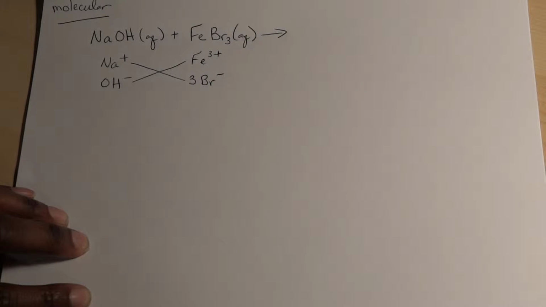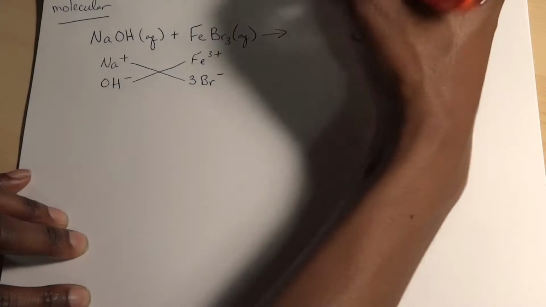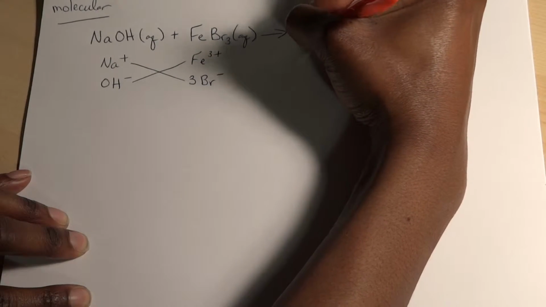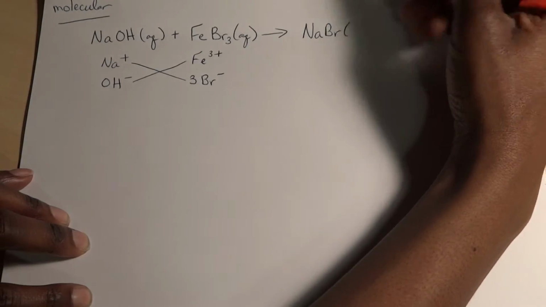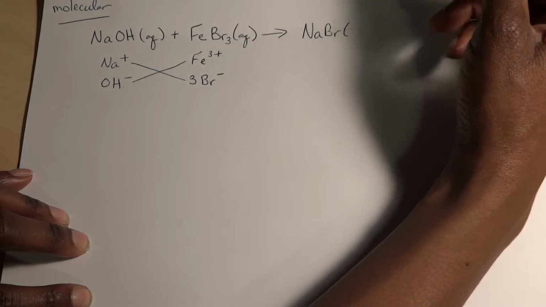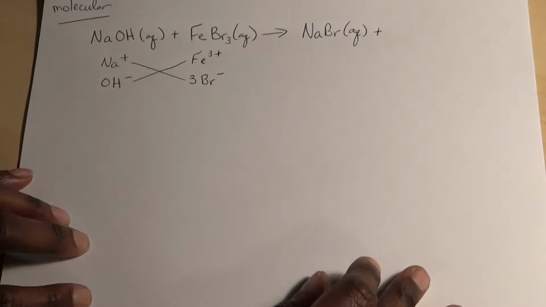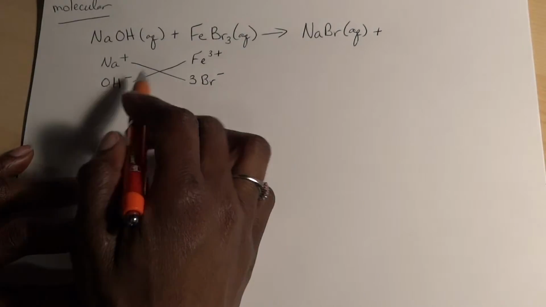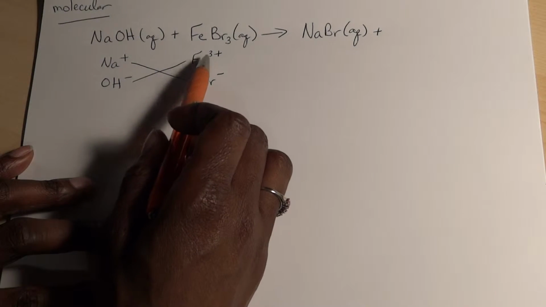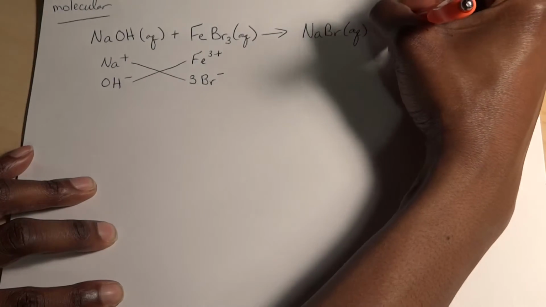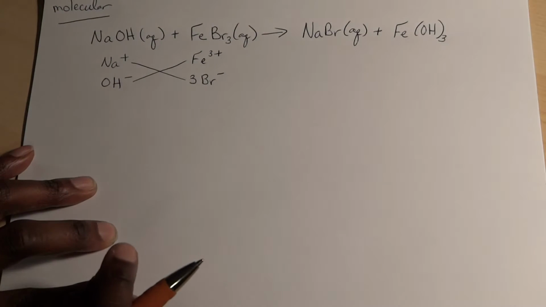Then we can see that we're going to get sodium bromide, NaBr aqueous. If you take a look at the solubility rules, rule number 1 says that that's aqueous. And then the other compound that we're going to make is iron 3 hydroxide, so Fe and then OH in parentheses 3.